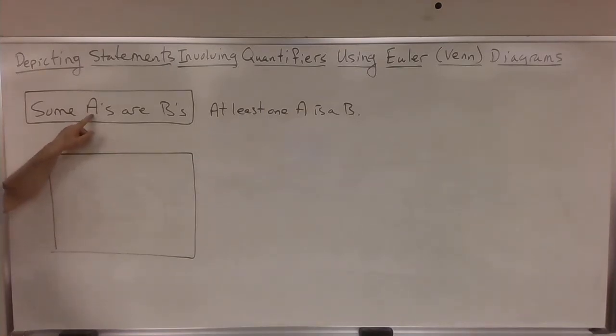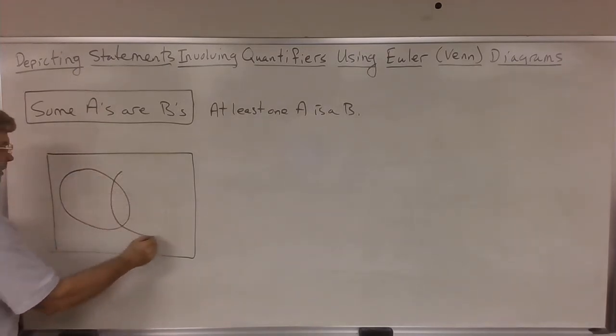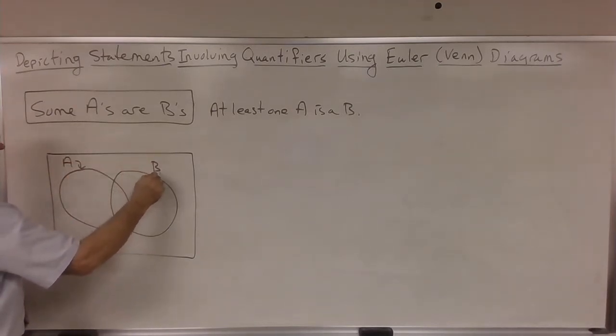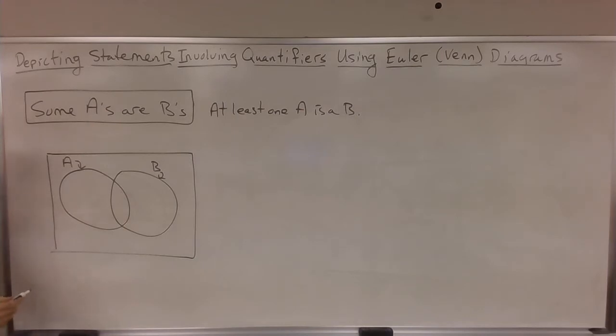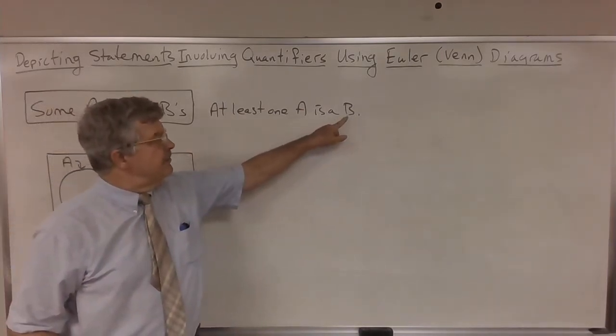It's just saying that at least some A's are B's. So we're going to draw A and B like this. And at least one A has to be in the B circle.